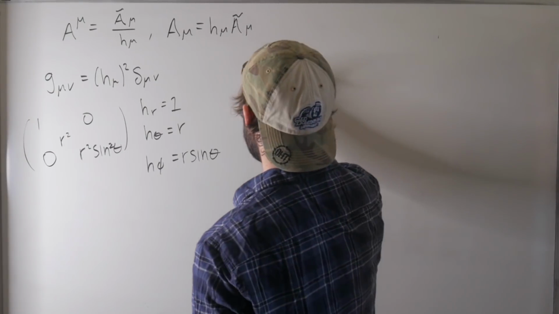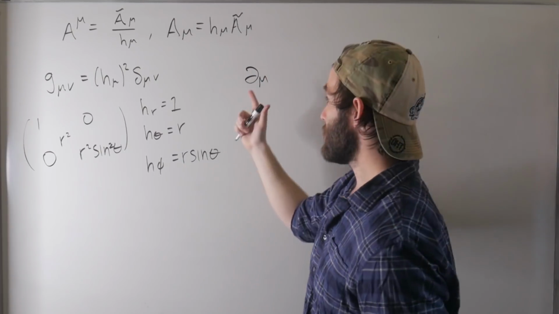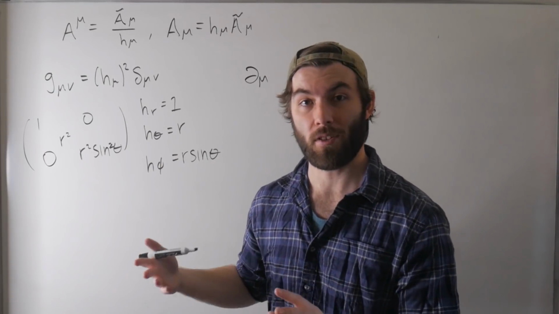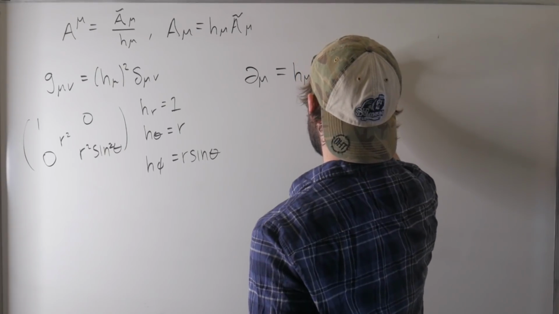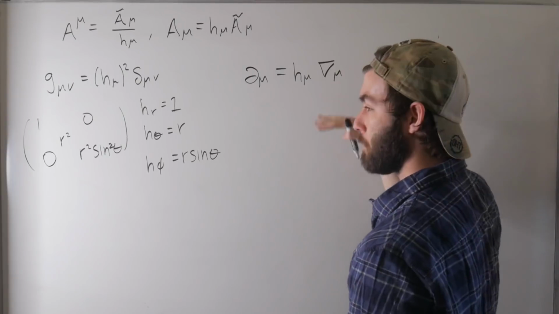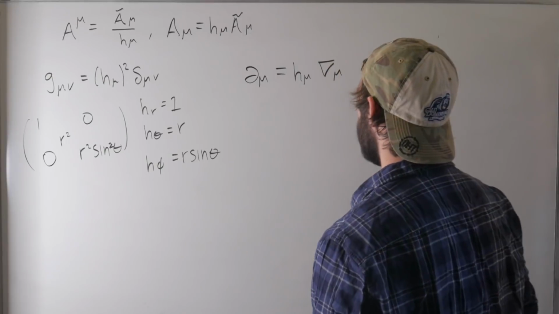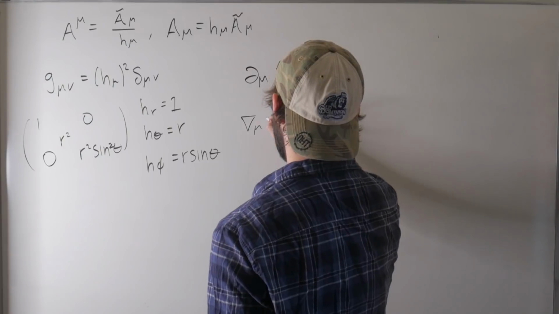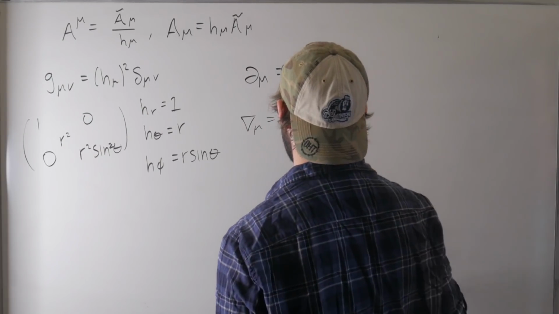So if we want to connect d mu, the mu-th component of the gradient operator with respect to some coordinate, that's going to be equal to h mu times the gradient. And here I'm saying that this is the mu-th component of the gradient, which is the derivative with respect to some position. Okay? So that means that my gradient mu is equal to 1 over h mu d mu.